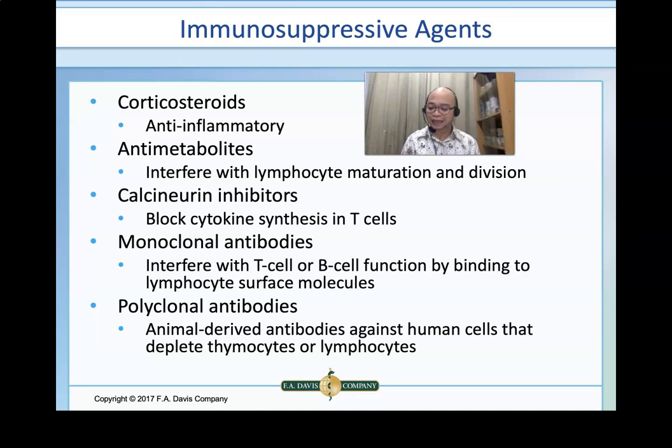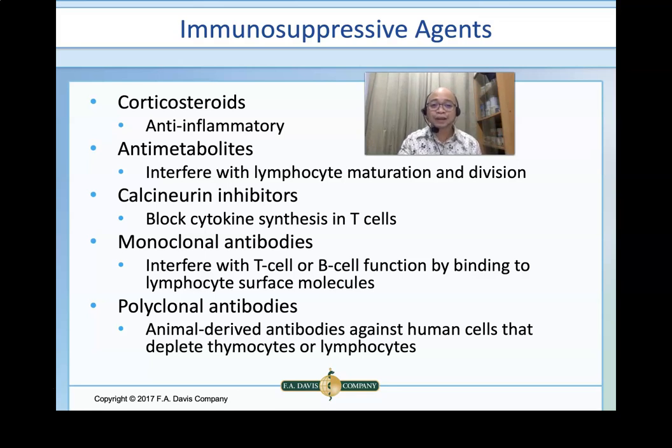Anti-metabolites will interfere with lymphocyte maturation and division, so they will kill proliferating cells. An example of an anti-metabolite is azathioprine. Then the calcineurin inhibitors, such as cyclosporine and FK506, will block cytokine synthesis in T cells.